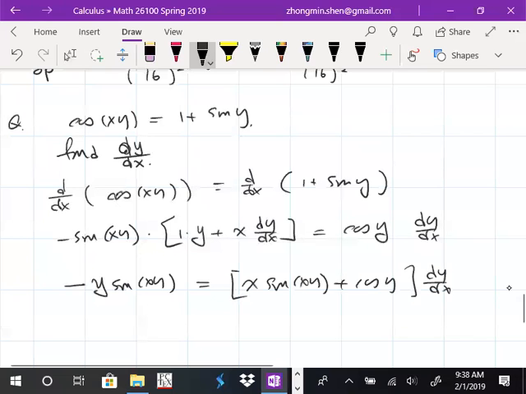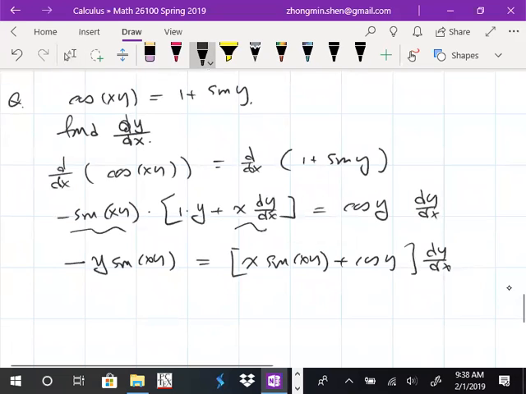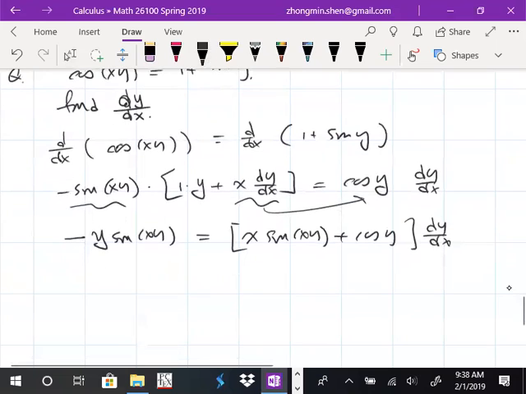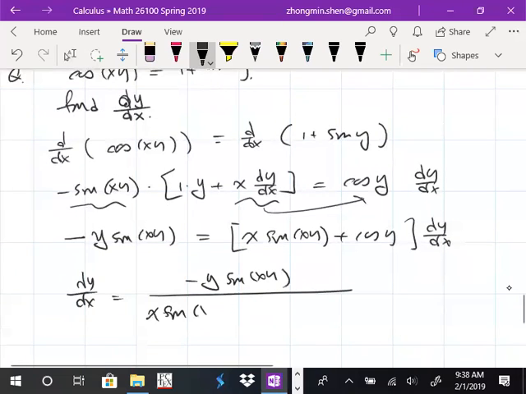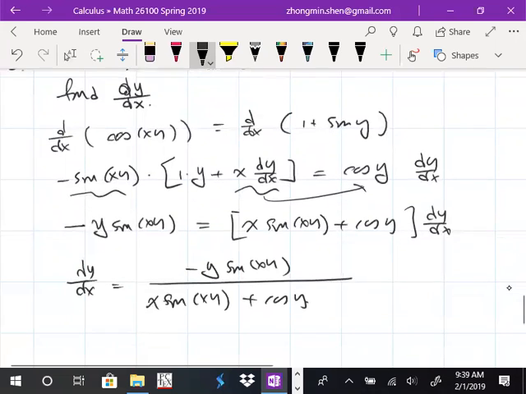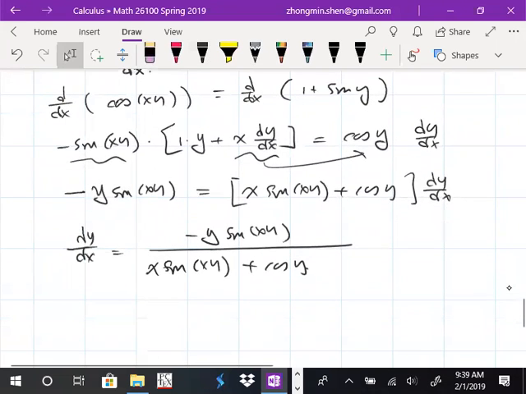You factor the derivative out, so these two terms will be moved to the other side. So the derivative is going to be negative y sine of xy over x sine of xy plus cosine y. Okay, so we got this.